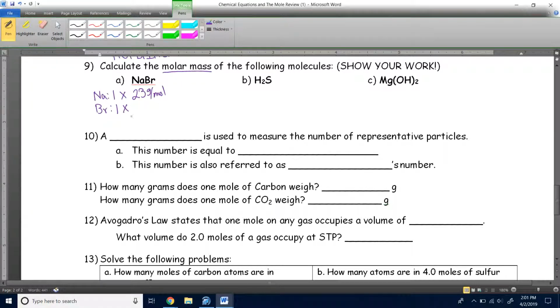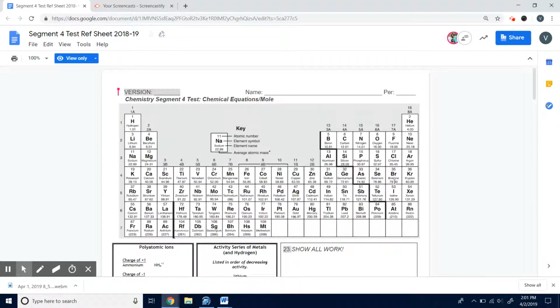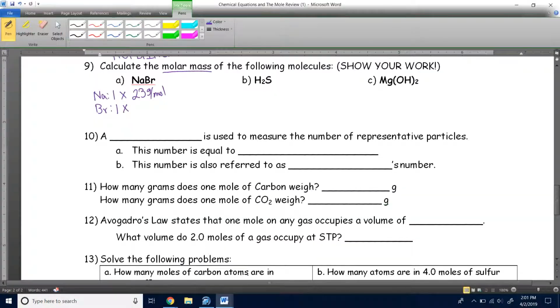And then bromine, if we look up bromine in our periodic table, we see that bromine has a mass of 79.9. If it's only a 9, it's not 99, we want to keep it, because we want to be as accurate as we can. So it is going to be 79.9 grams per mole.